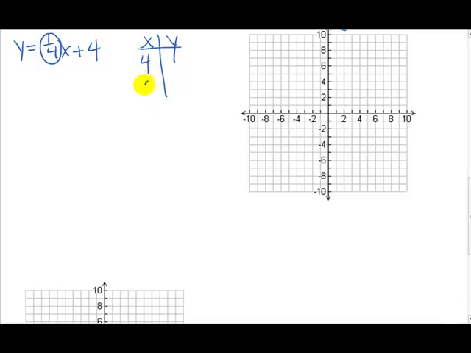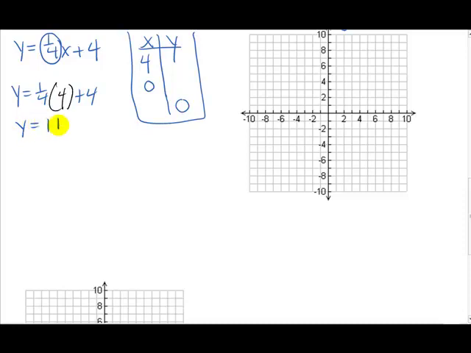So 4 and 0, and we're doing the intercepts, so we have to choose a 0 for y. So this is what we need to fill out. So y equals 1/4 times x plus 4. Well, let's start with the 4. One-fourth times 4 is 1. So y is going to equal 5.